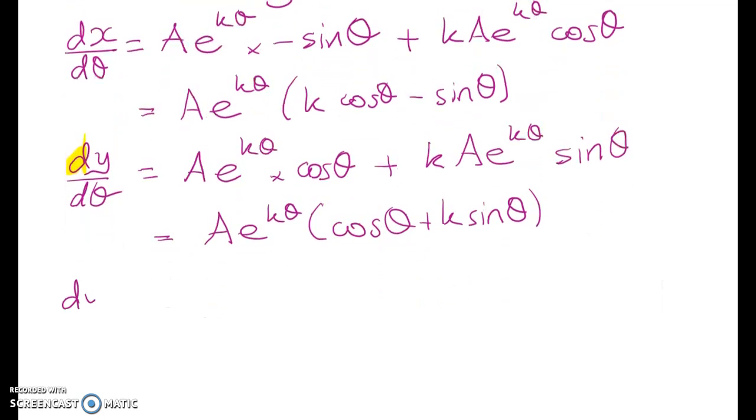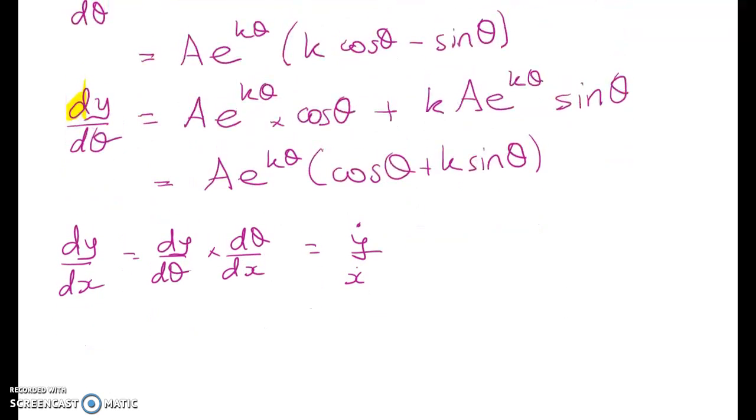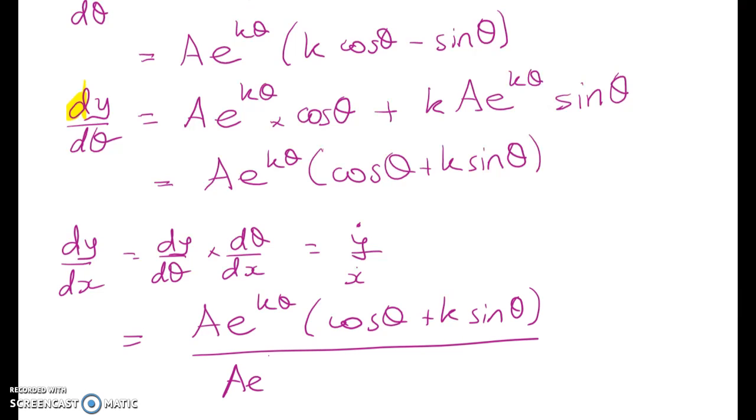What's dy by dx? Well, it's dy by d theta times d theta by dx, which is just y dot divided by x dot, if you like that notation. So putting that together, we get a e to the k theta times cos theta plus k sine theta, divided by a e to the k theta times k cos theta minus sine theta.